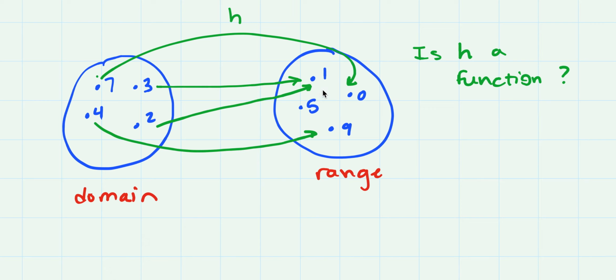Well, let's see if it follows the definition. Is every single element being sent to something in the range? The answer is yes. Is every single element in the domain only being sent to one thing in the range? The answer is yes. Notice that 3 and 2 are both being sent to 1, but that's okay. We didn't say that every element in the range has exactly one element in the domain that's being sent to it. We said every element in the domain is being sent to exactly one element. So as long as it follows the rules, then it is a function. So the answer is yes.